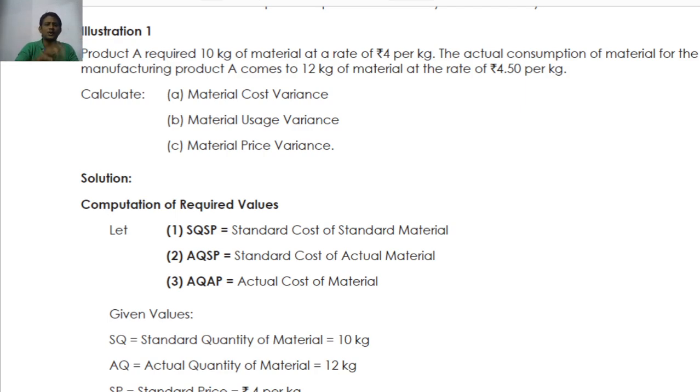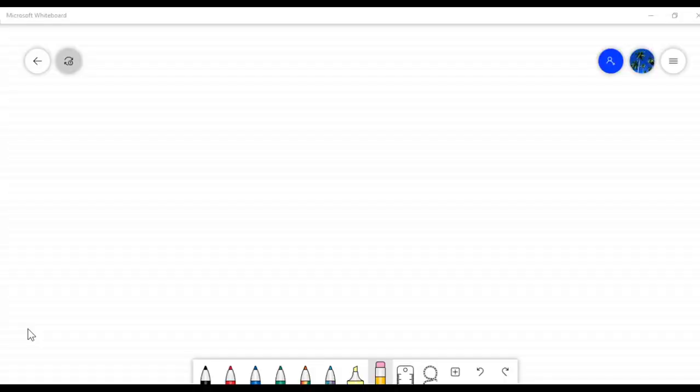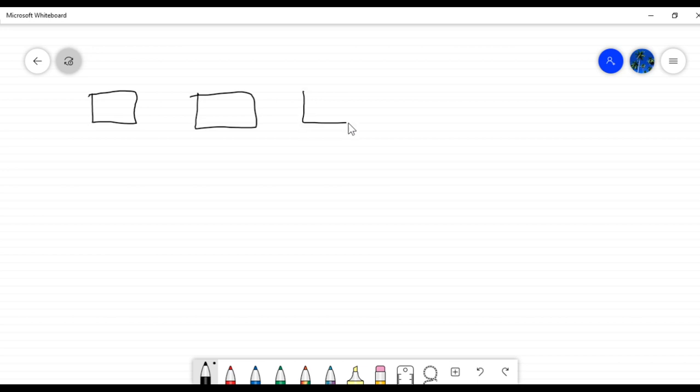Now we will work out this problem. As per the formula method, 1, 2, 3, 4.